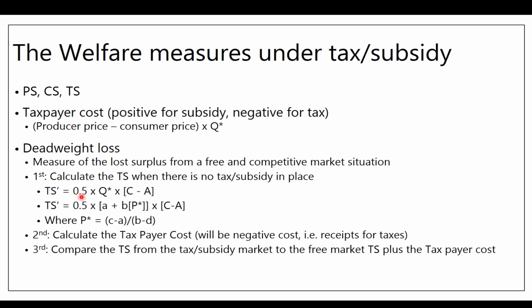It's just going to be another triangle. It's a half times the quantity times C, that intercept of the inverse demand curve, minus A, the intercept of the inverse supply curve. You could plug it in here, and you would see that TS prime is found by substituting the supply equation. However you want to do it, right? We have these things in the spreadsheet, and so when you look at the spreadsheet, you'll see this is how they're calculated.